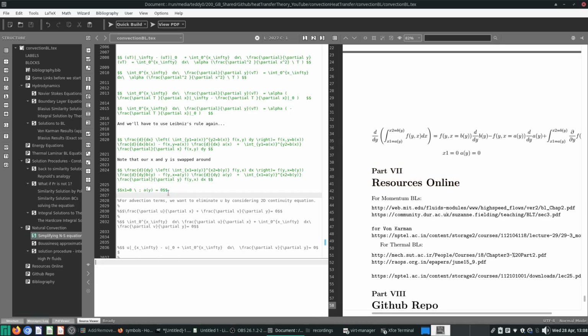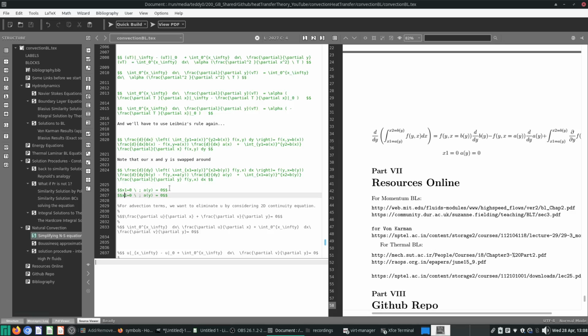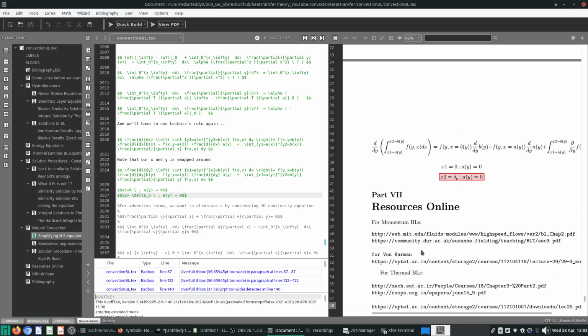So let's do the x2 part. x2 equals, well, the free stream. For high Prandtl number fluid, we just call the free stream delta P, which is the momentum thickness. So x2 is the momentum thickness, and this will actually be a function of y.